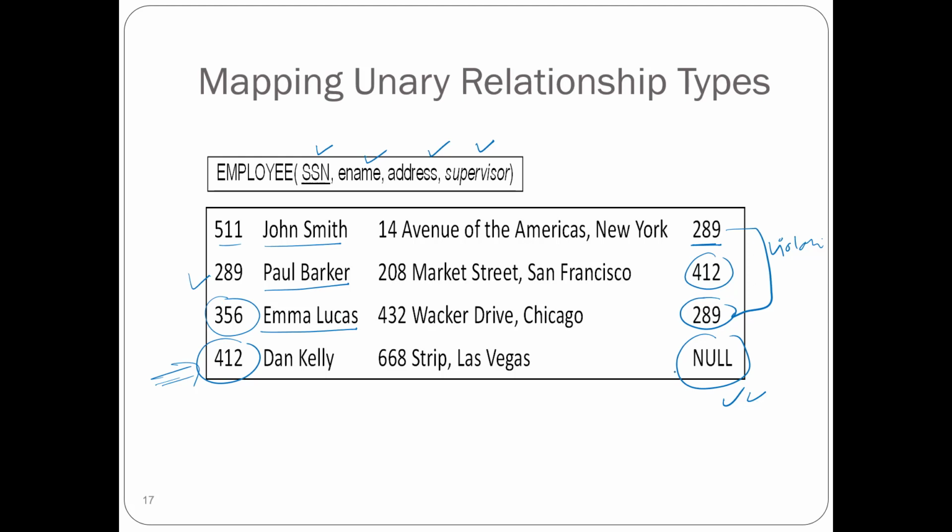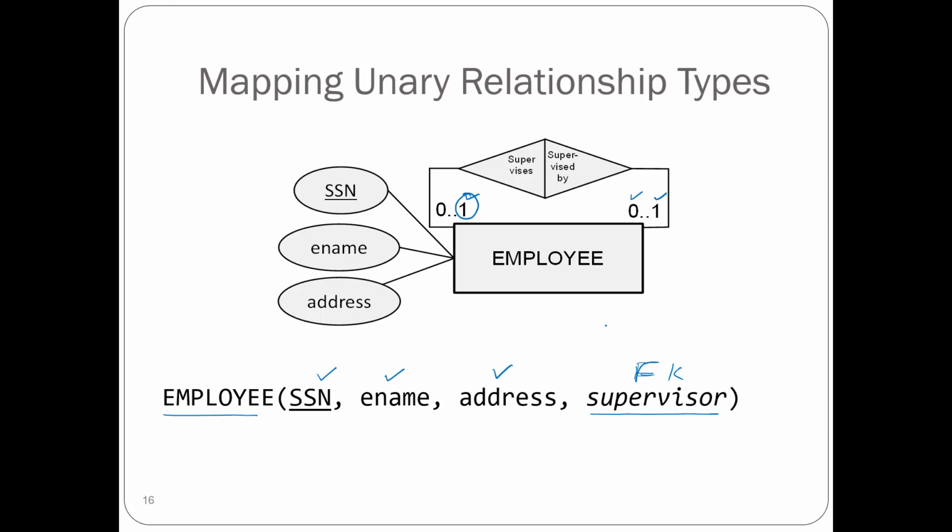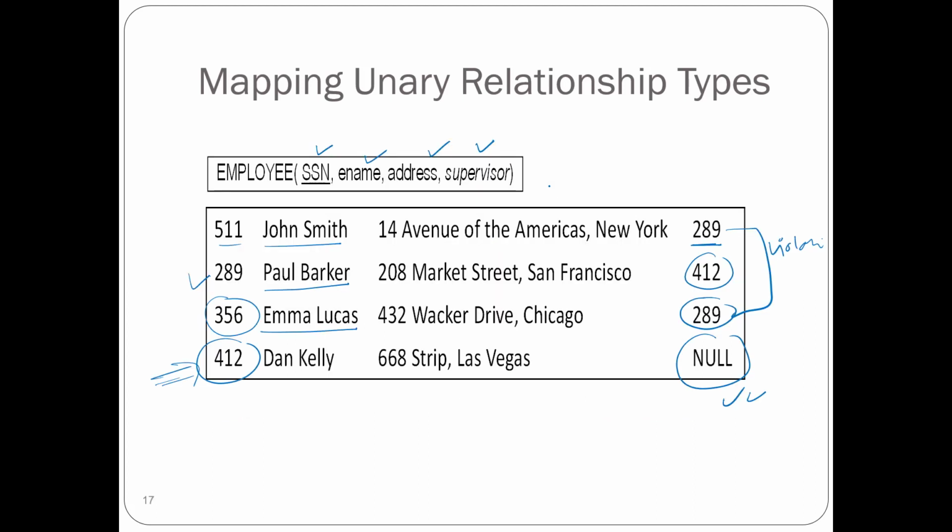So that case is also satisfied, which says that an employee supervises zero employees. So that's fine. But an employee supervising more than one other employee is not supported, right? But this mapping is good.